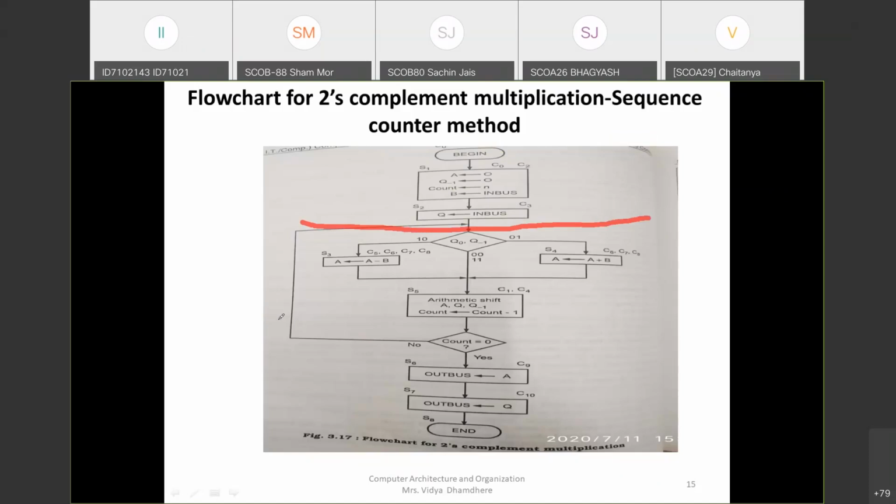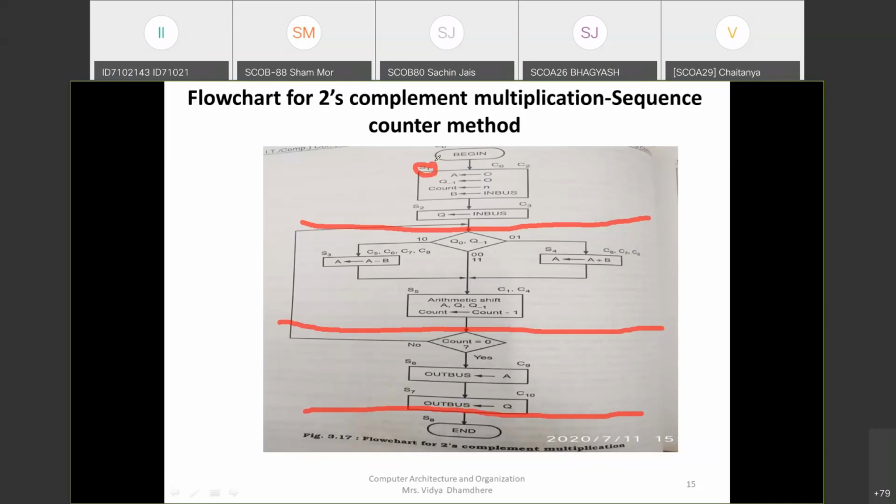Then the conditional part is the second phase, and the last one is the third phase. Like this, it is divided. Only one variable is different in terms of Booth's multiplication algorithm. First of all, we start with the beginning. Then the first phase, sequence number 1, is given. S1 is nothing but sequence number 1.